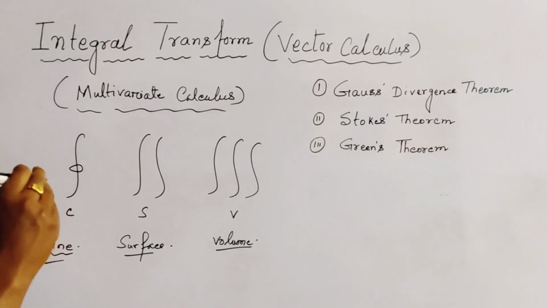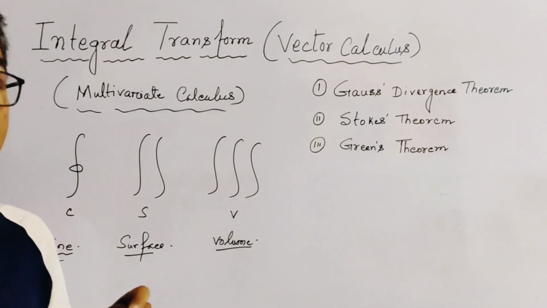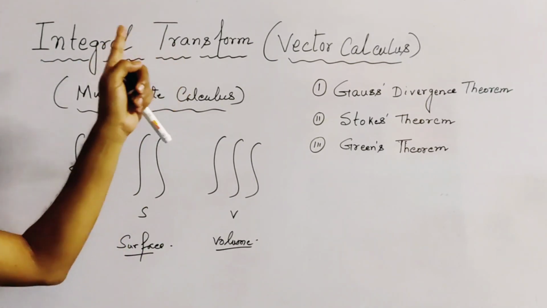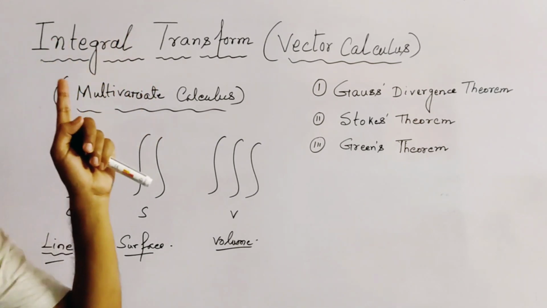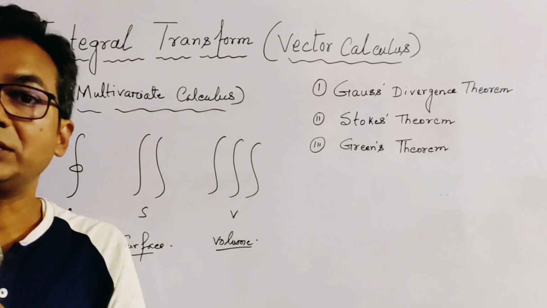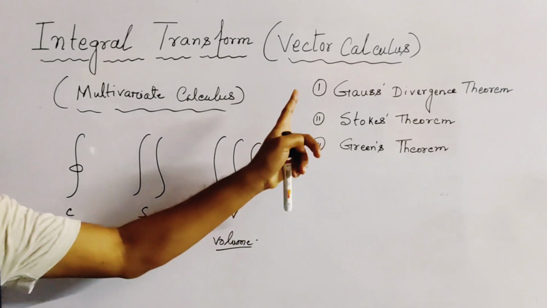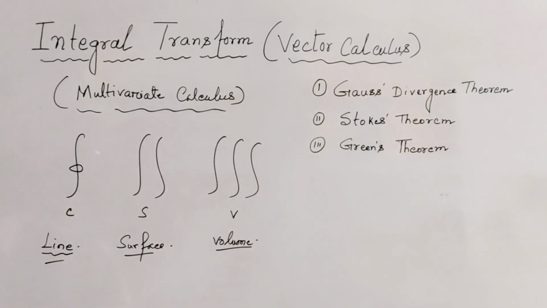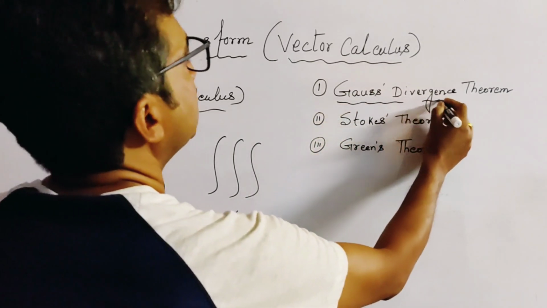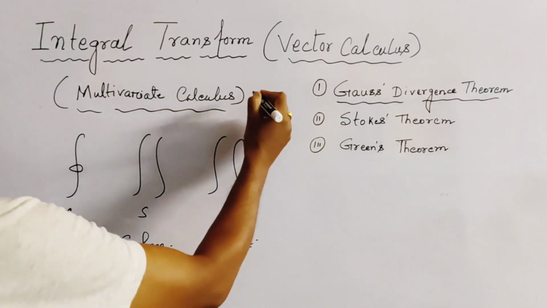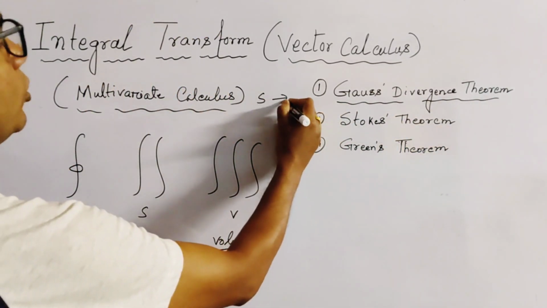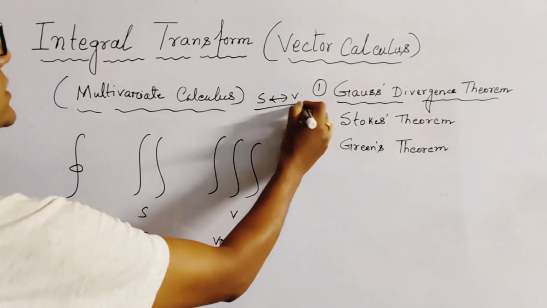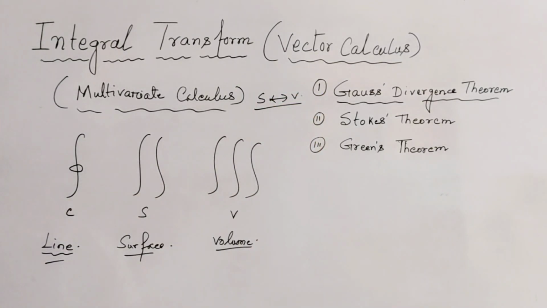To transfer these integrals, we deal with three main theorems. The first is the Gauss Divergence Theorem, which transfers surface integration to volume integration or volume integration to surface integration.